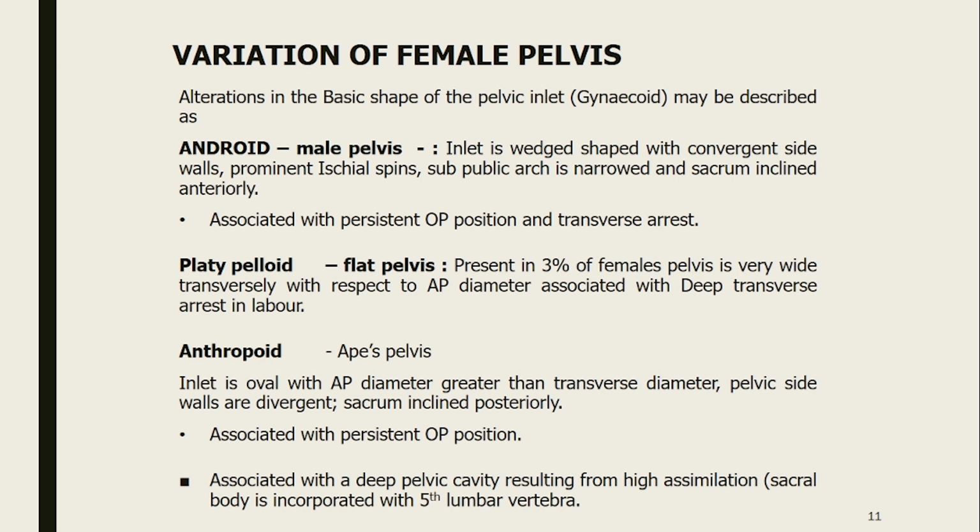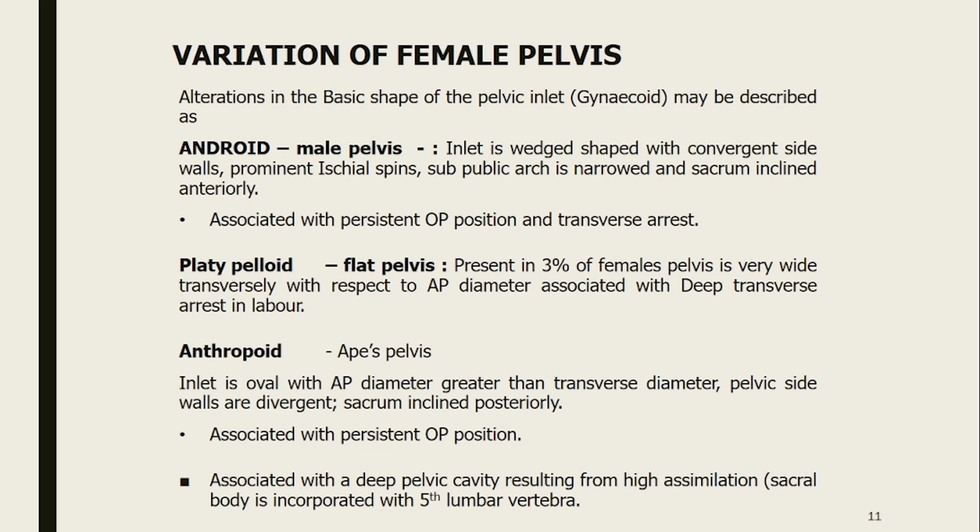The pelvic side walls are divergent. Look: in gynecoid, the pelvic side walls are straight; in android, they are convergent; in anthropoid, they are divergent. And the sacrum is inclined posteriorly.